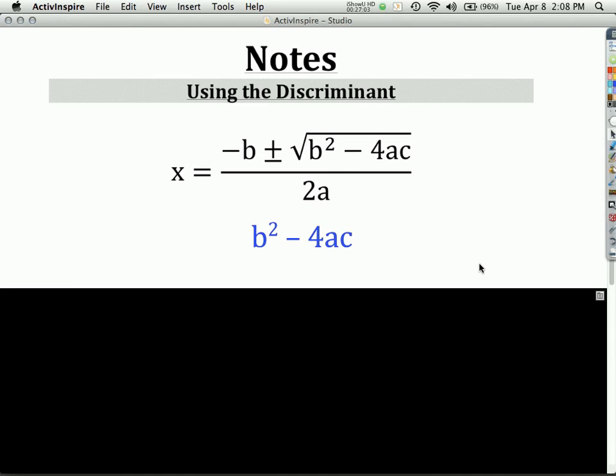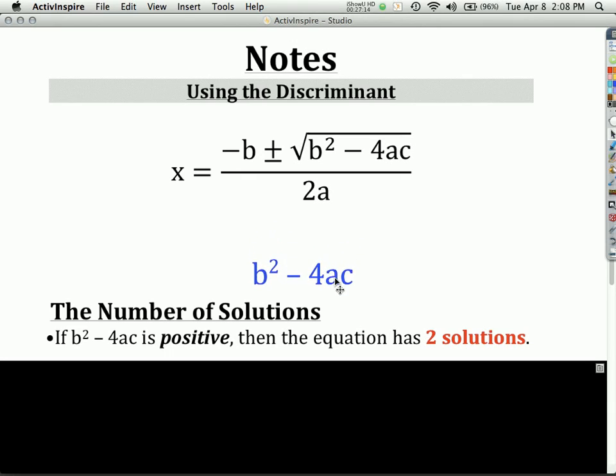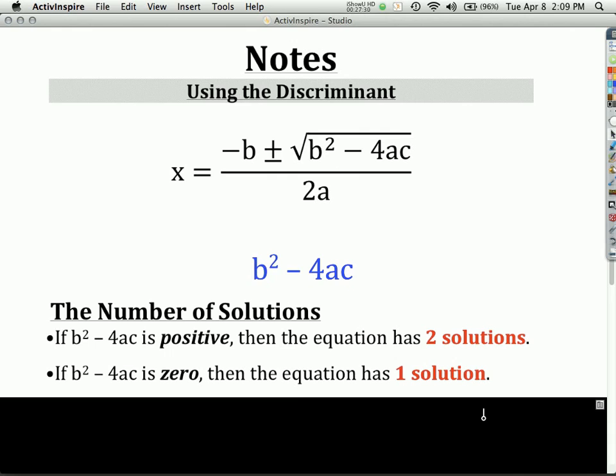You already know most of this. Here is what you can discover. If the value of b squared minus 4ac is positive, that means that the number inside here is a positive number, and you can take the square root of it, and you'll get two answers. If the discriminant is 0, that means that inside here is a 0, the square root of 0 is 0, and you will only get one solution.